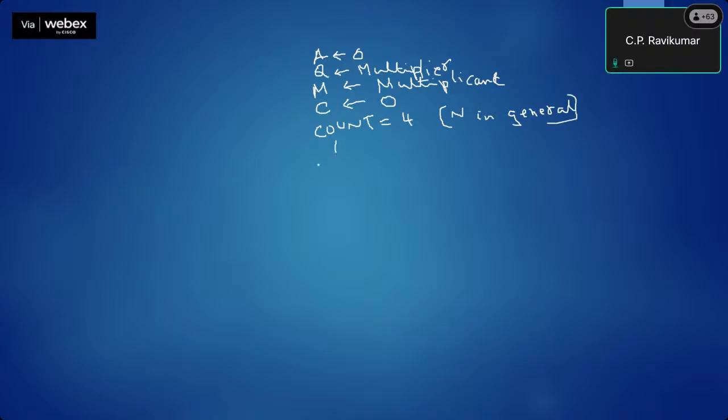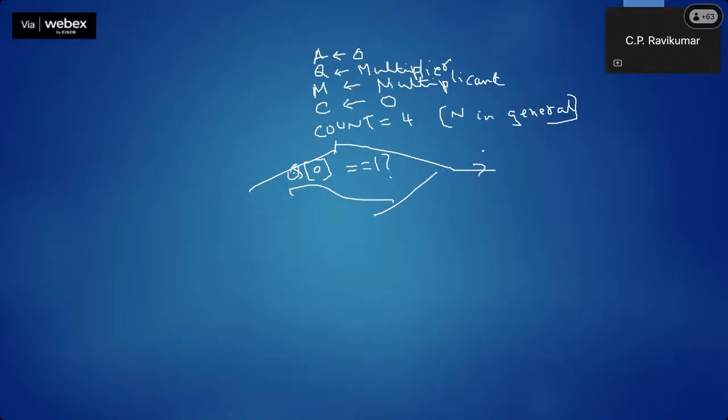So what is the first step? Q0, that is the least significant bit of Q. We check if it is equal to 1. Maybe true, maybe false.